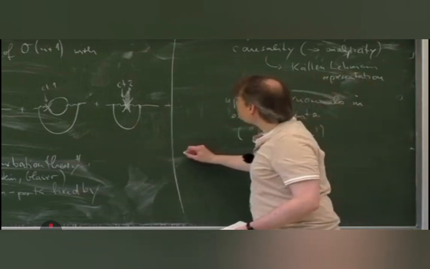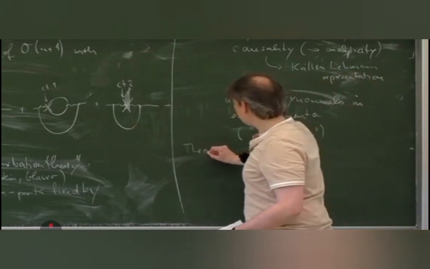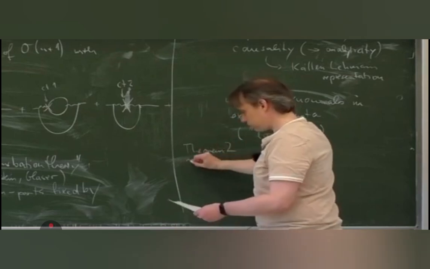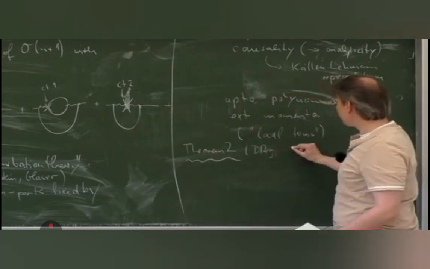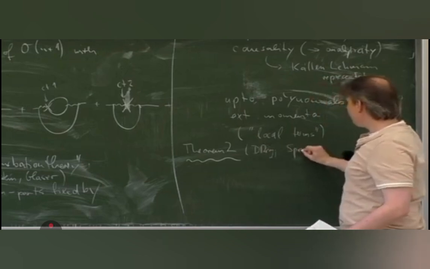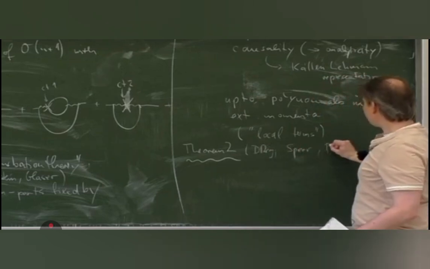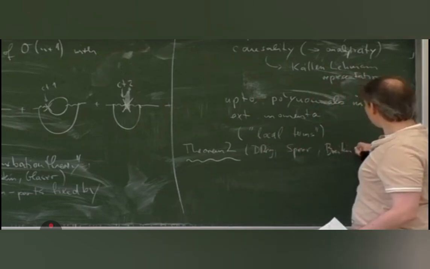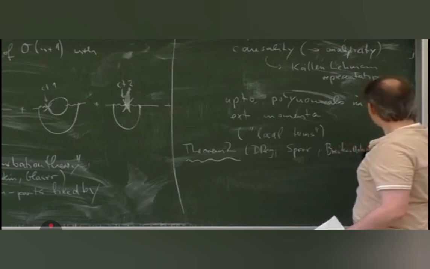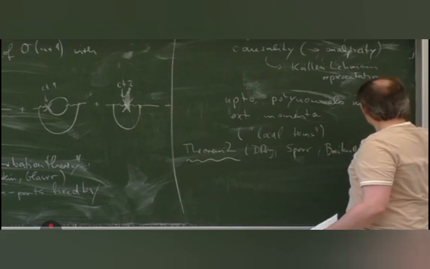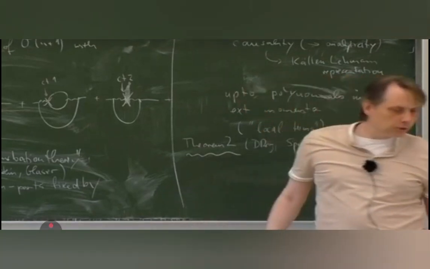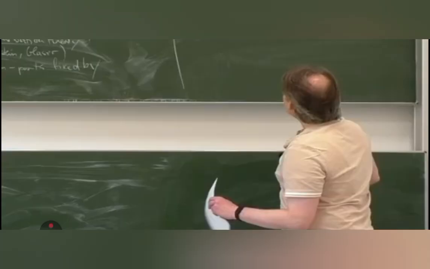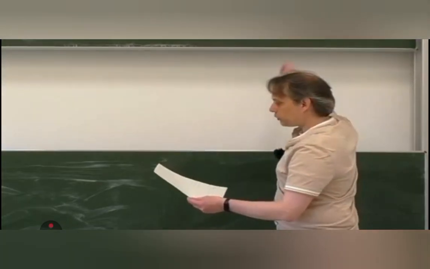Then the second theorem, which applies to dimensional regularization, and it comes from Speer and also from Breitenlohner and Maison, is the following statement on dimensional regularization. Let me write it here.